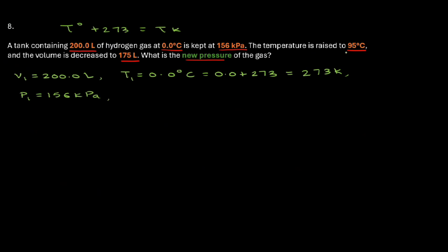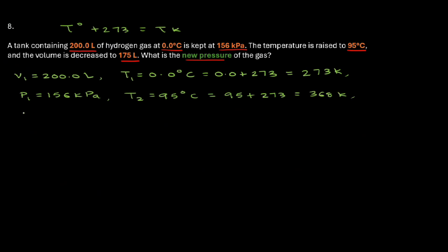Now the temperature is raised to 95 degrees Celsius. So I will write my new temperature T2 to be 95 degrees Celsius, which you can convert to Kelvin by adding 273 again. And that gives you 368 Kelvin.